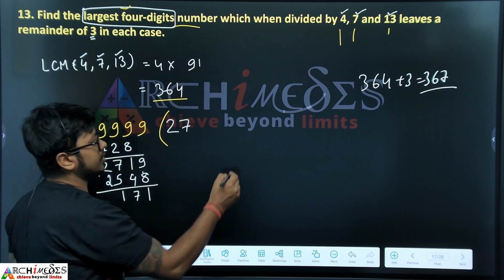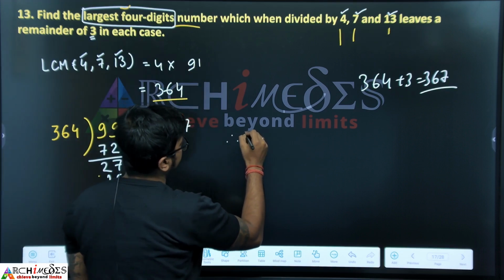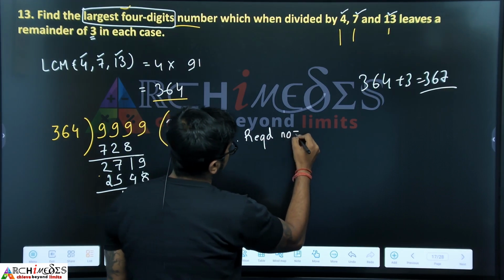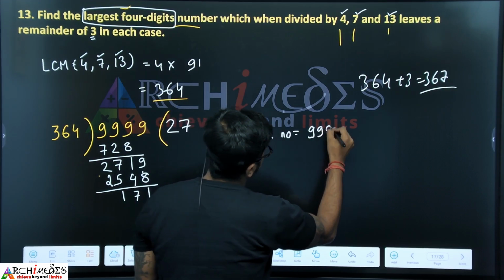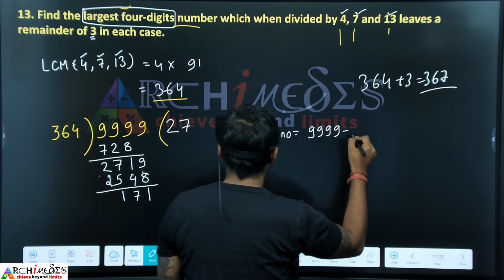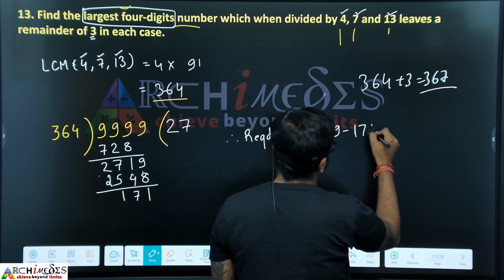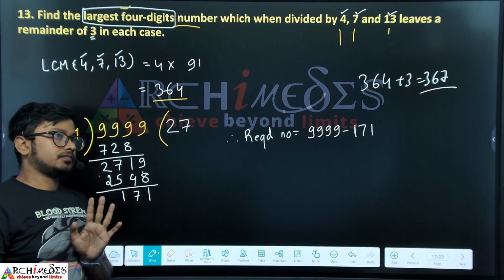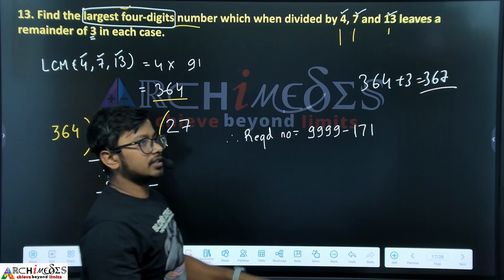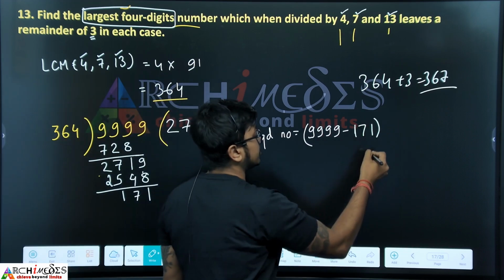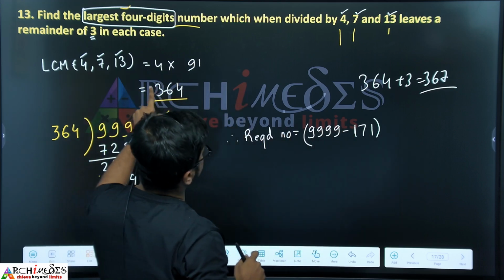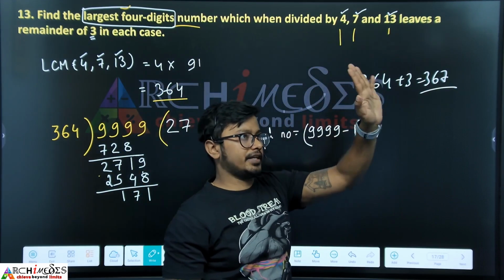So now the required number is, listen carefully, okay? Suppose now you have to subtract this remainder first. So what is the remainder here? Up to here, any doubt? So this is divisible by 364. If it is divisible by 364, it is divisible by these numbers also automatically. Clear?